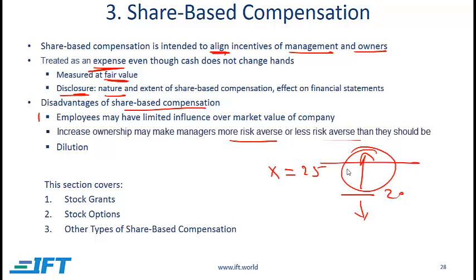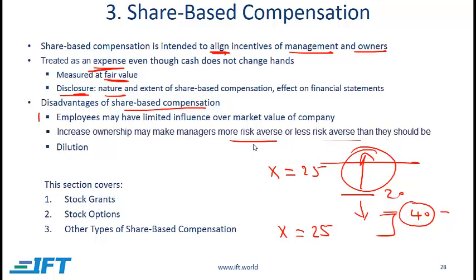So, given that options have a one-sided payoff, there is an incentive to take extra risk so that these options are in the money. On the other hand, if the stock price is much higher than the exercise price, so we might have an exercise price of 25 and the stock might now be up at 40, in this case, the management which has stock options might play it extra safe so as to lock in this gain. So with stock options, either of these issues might exist.